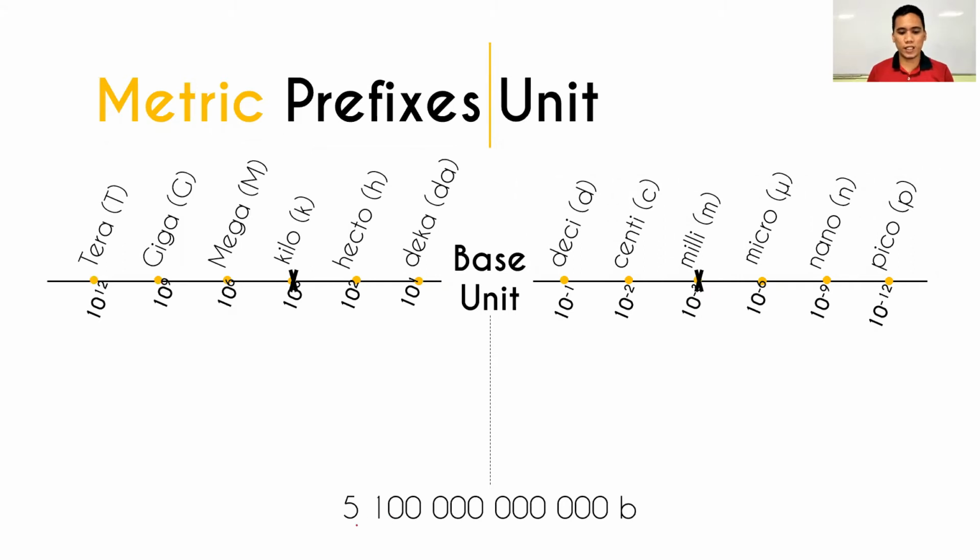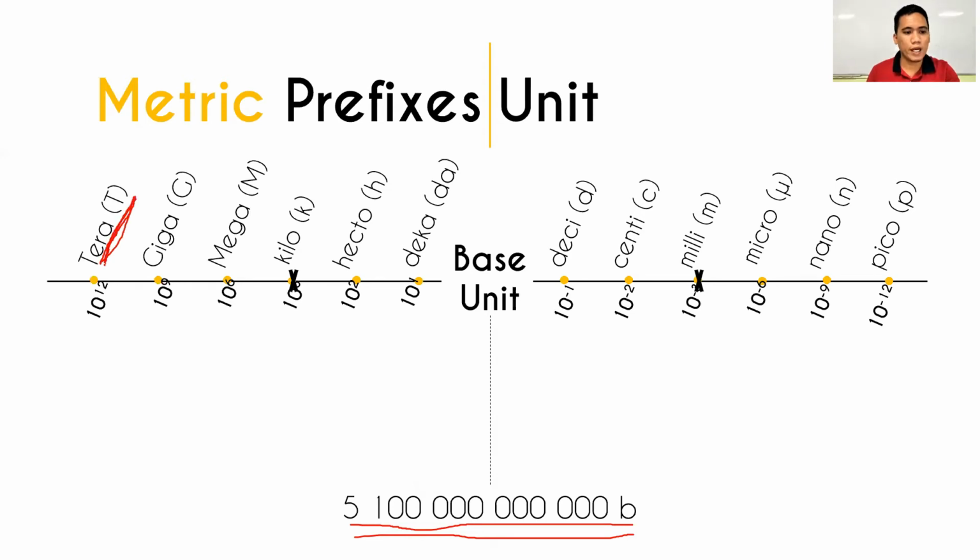Di ba, masyado siyang mahaba or masyadong marami. So that's why we apply prefixes, para mas mapaliit or mas mapakonti ang number of digits on this given measurement. So from 5 trillion and 100 billion bytes, we convert this to tera.